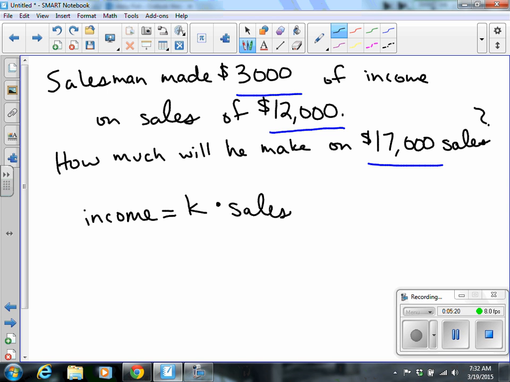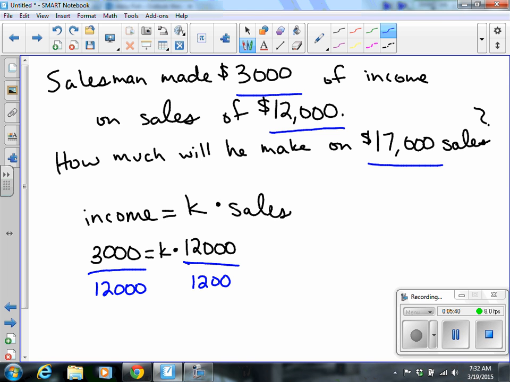Once I find k, then I'm going to deal with the $17,000. So I have $3,000 equals k times 12,000. We're going to go ahead and divide this. So k has to be 0.25 or 1/4.